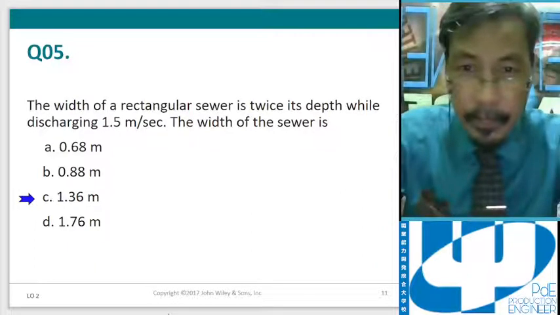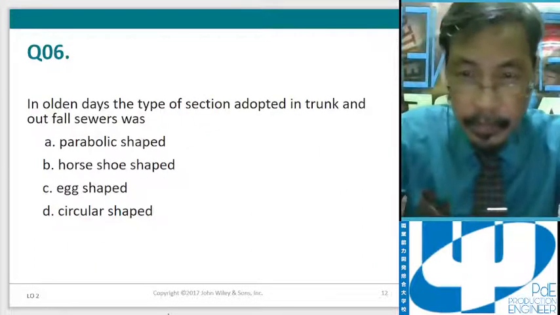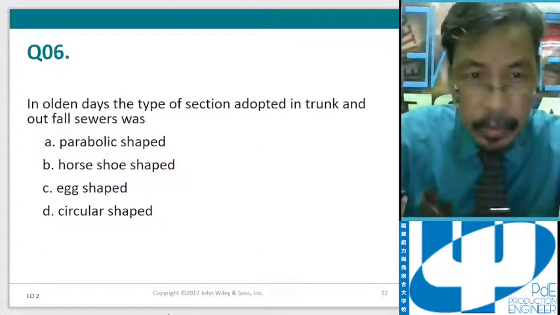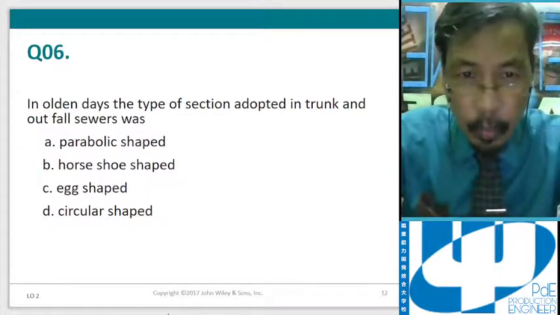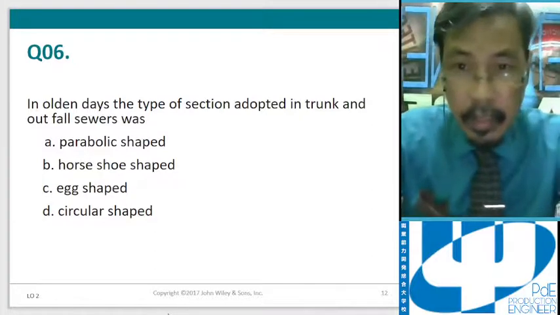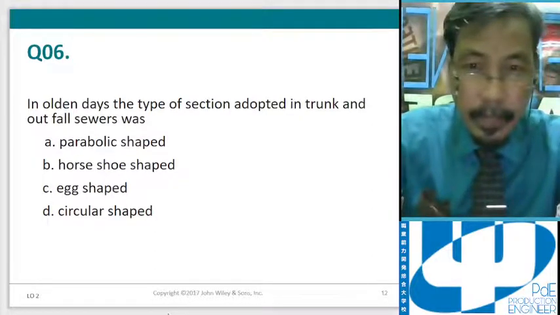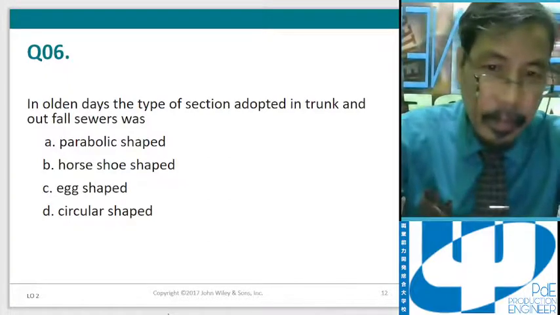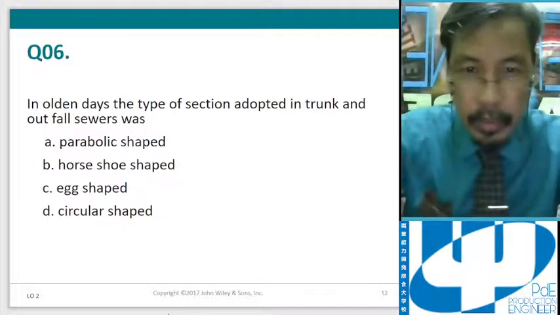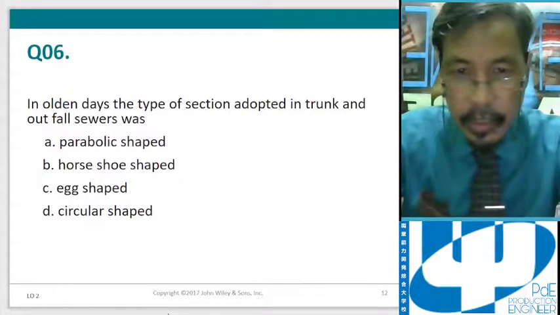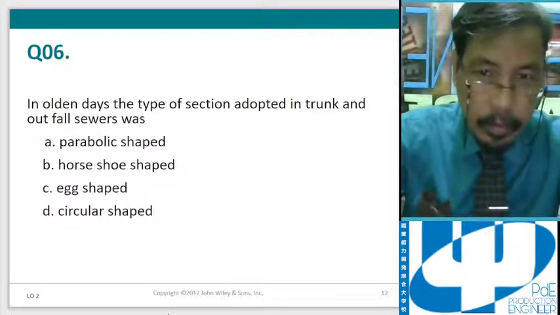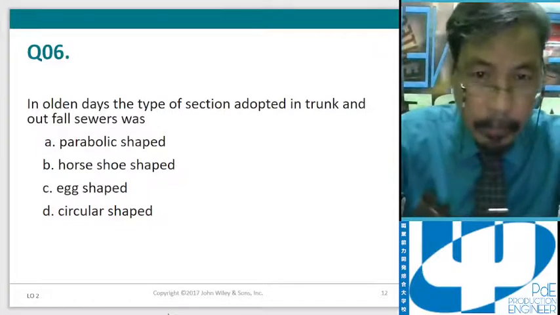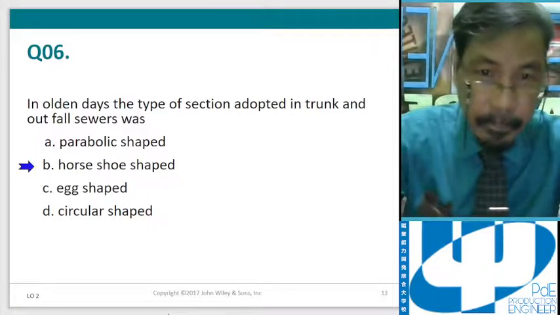Letter C. Question 6. In the olden days, the type of section adopted in trunk and outfall sewers, in those early days. A. Parabolic shape, B. Horseshoe shape, C. Egg shape, D. Circular shape. So this is horseshoe shape.